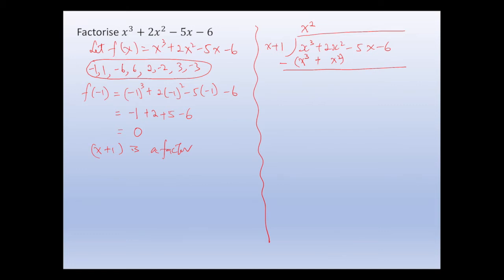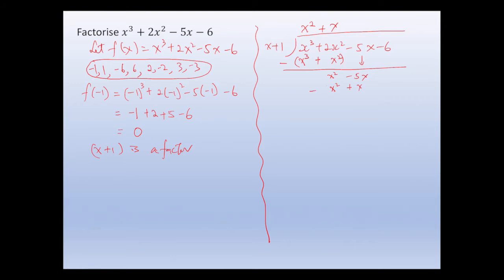If it's minus times negative, it will give me a positive. This step is always a good step to remind you. x cubed minus x cubed is 0. 2x squared minus x squared will give me x squared. And then I've got to bring this down, minus 5x.